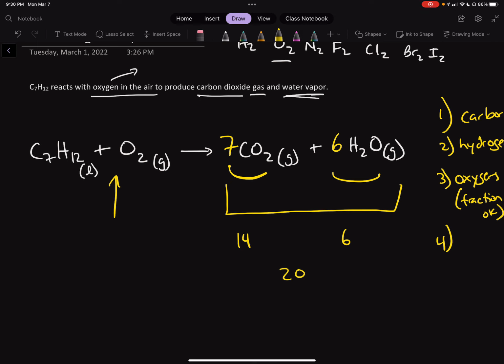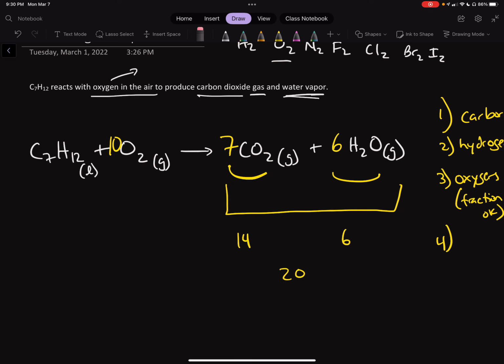So I have 20 oxygen atoms on the right side. I need to make sure I have 20 oxygen atoms on the left side, and 20 divided by the 2 oxygens in a diatomic oxygen molecule gives me 10. So if I just put a 10 right here, easy peasy, so we're done.